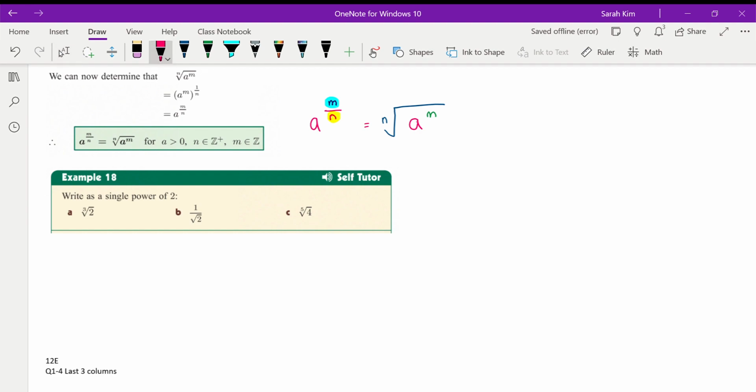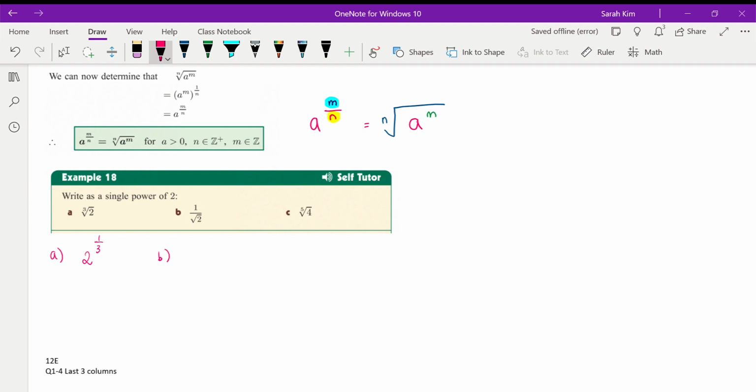Example 18, let's give it a go. We've learned lots of things. For a, you should be able to tell, hopefully, that it should be written as 2 to the power of 1 over 3, because there's a cube root sign there and then there's a little invisible 1 there. For b, first of all, I want you to manipulate some data first.